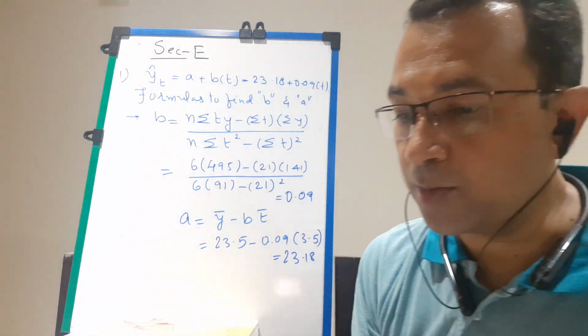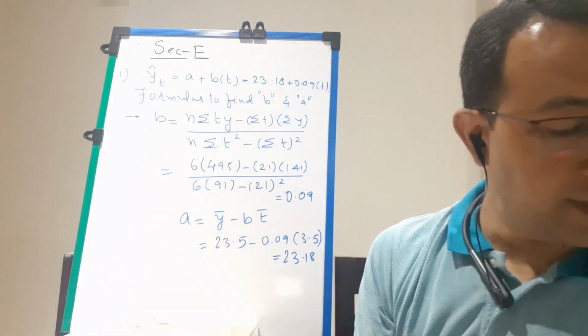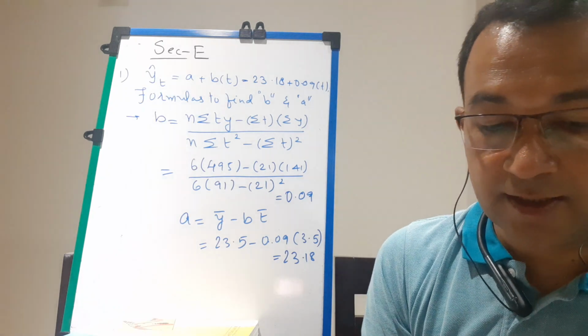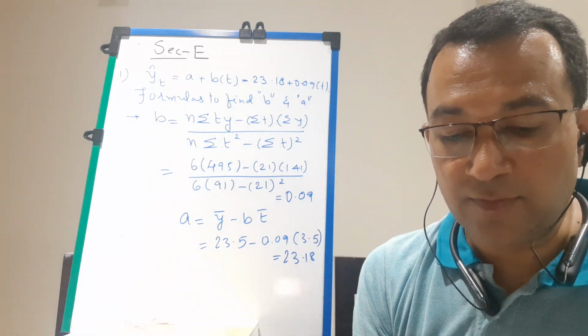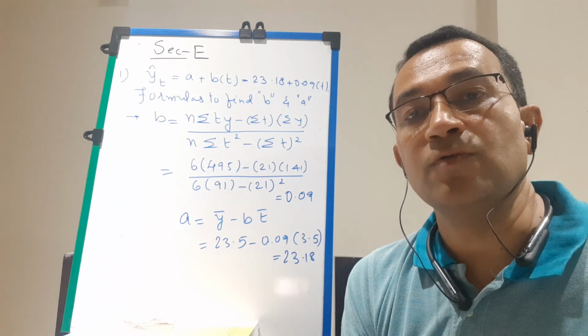Now students, we have to obtain the estimate for the year 2017. So 2017 will be, students, t is equal to 8.